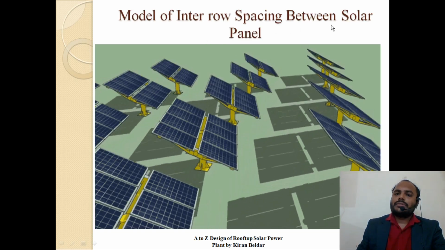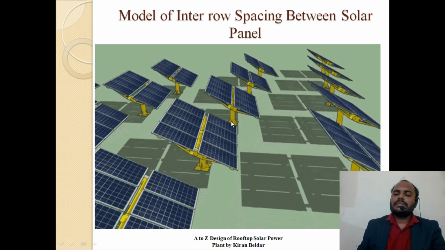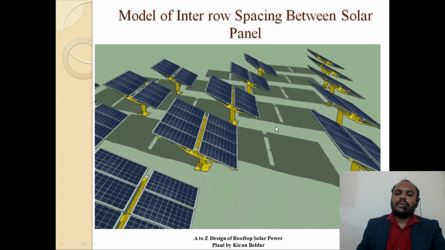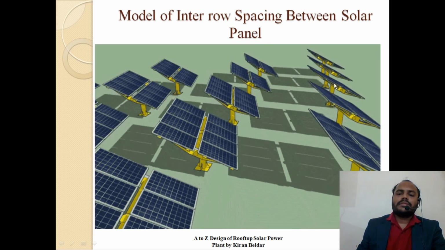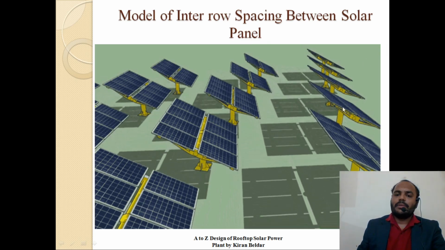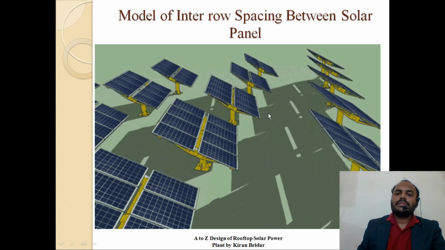Model of inter-row spacing between the solar panels. This is a typical animation that whenever the sun's radiation is falling over a panel, there is a change of shadow length throughout the day.